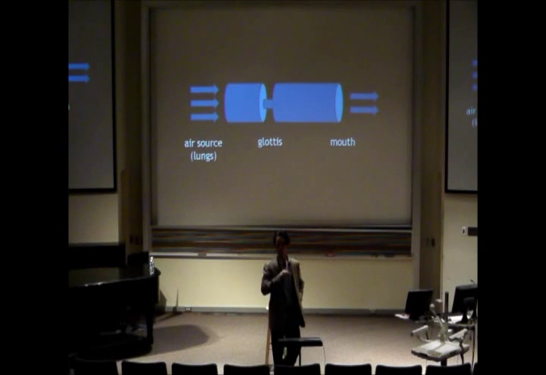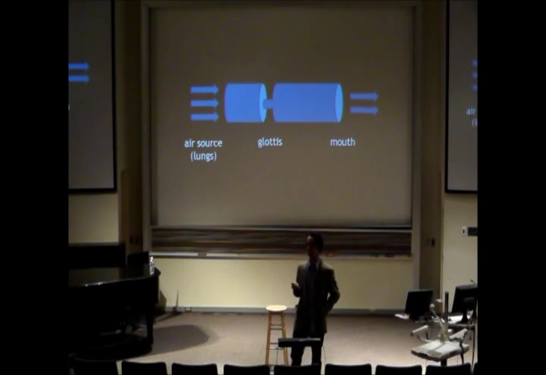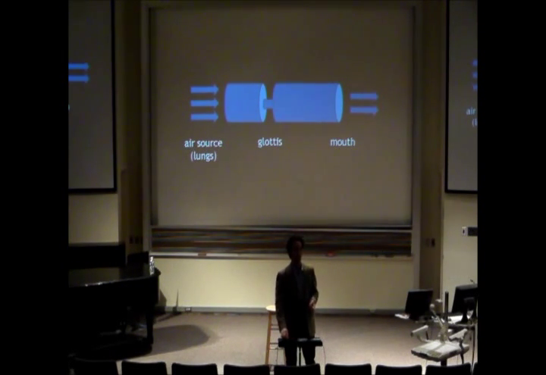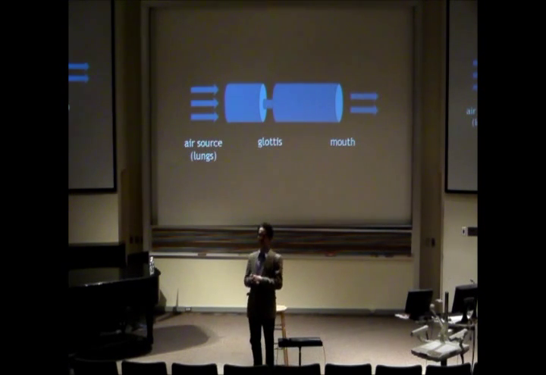And Sarah actually used the word that I wanted to use, which is that I want you to think of the vocal folds as a valve. It's a two-way valve. Fortunate for us, since we can breathe. We can breathe in. The valve is open, and we can close it with a glottal stop.